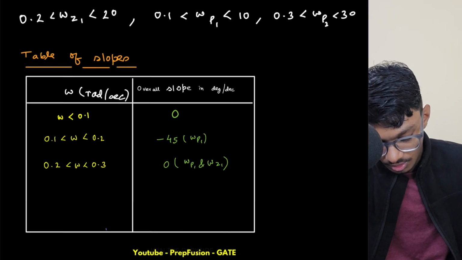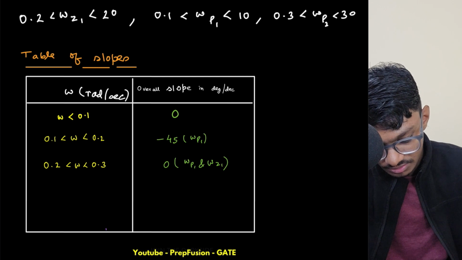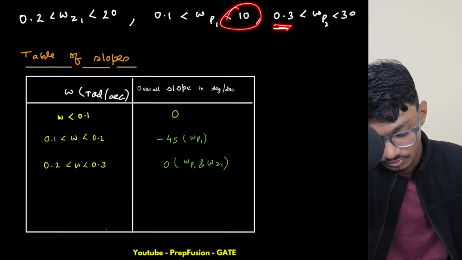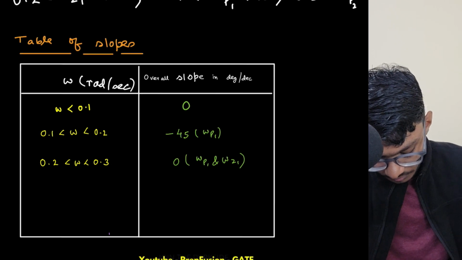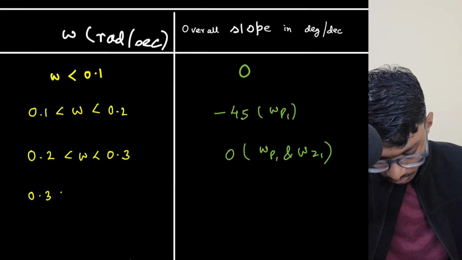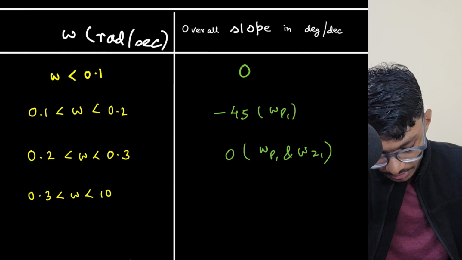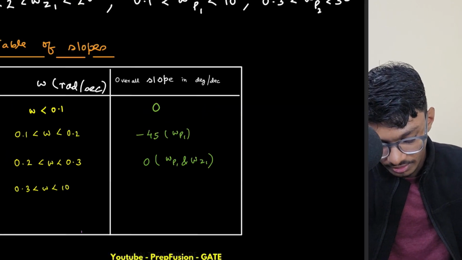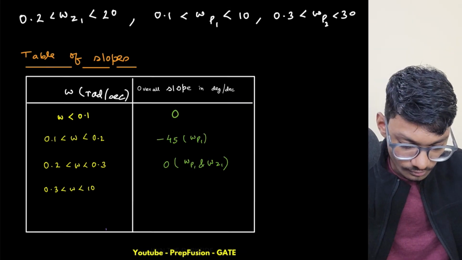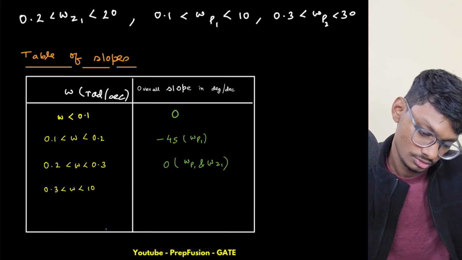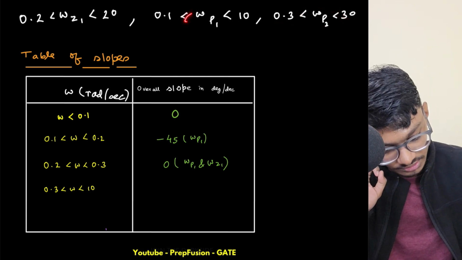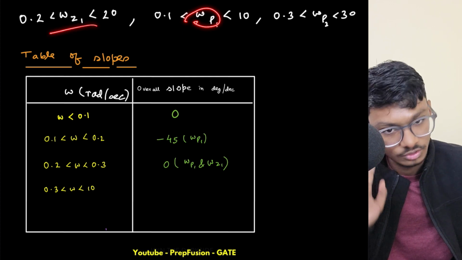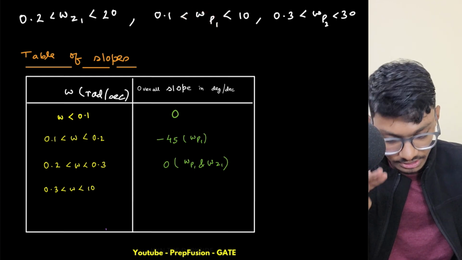Now the next least range after 0.3 is 10. So we'll vary our omega from 0.3 through 10. If you vary your omega from 0.3 to 10, what do you get? Here at 0.3, this pole is coming into effect now. Up to 10, this pole is also still in effect, and this zero is also still in effect. So all three things are in effect.